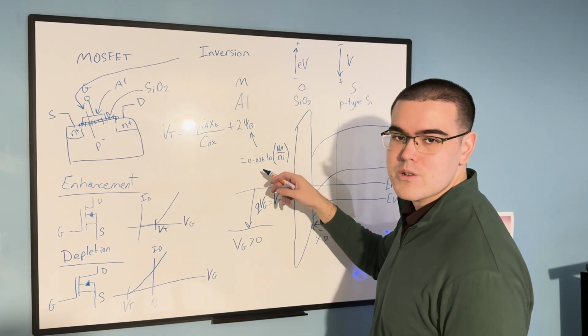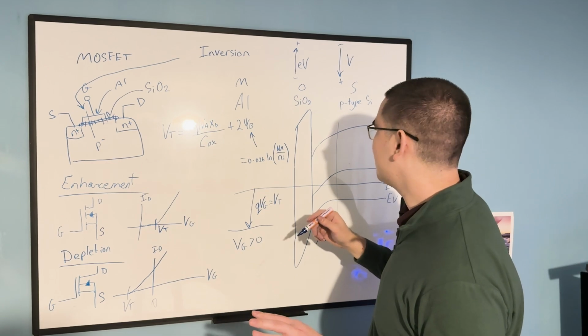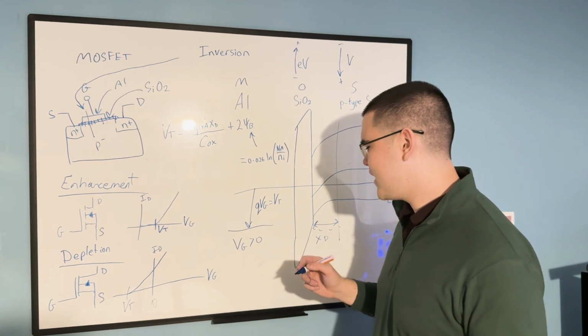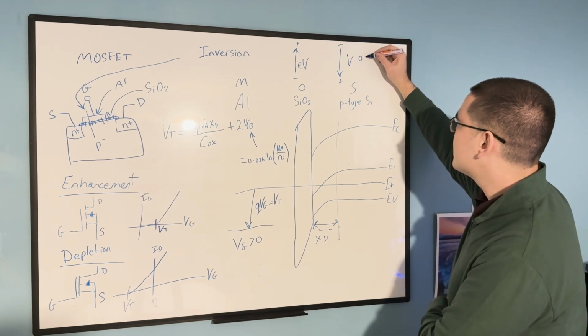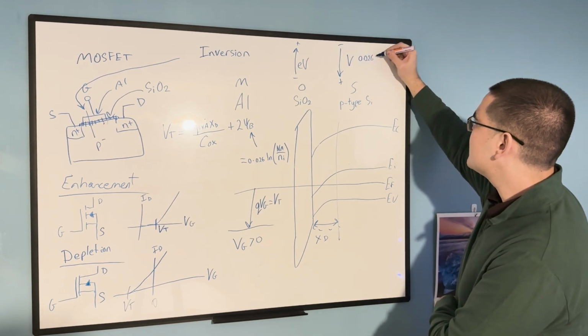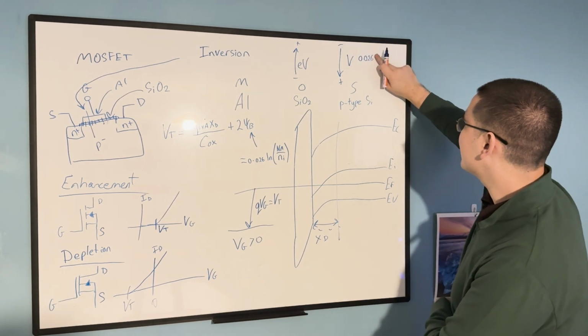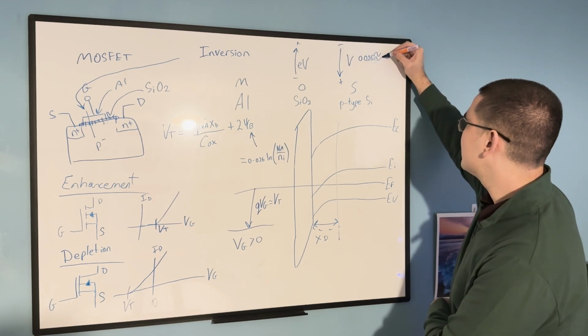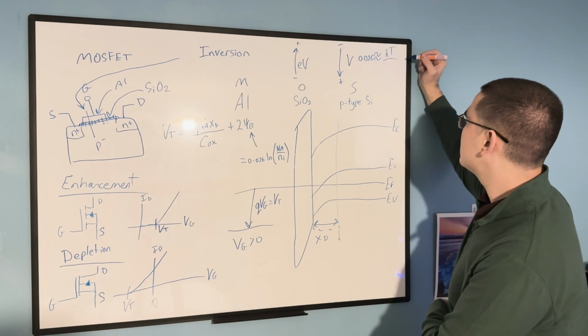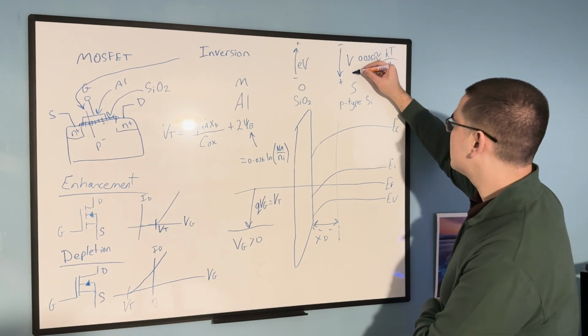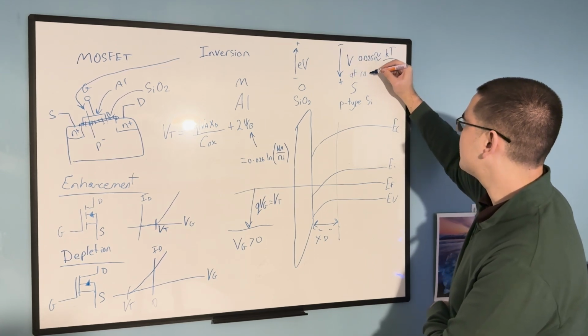How did I get 0.026? It's an approximated number, but I'm kind of running low on space. I'll write it up here. 0.026 is, well, I should say approximately equal to kT over q at room temperature.